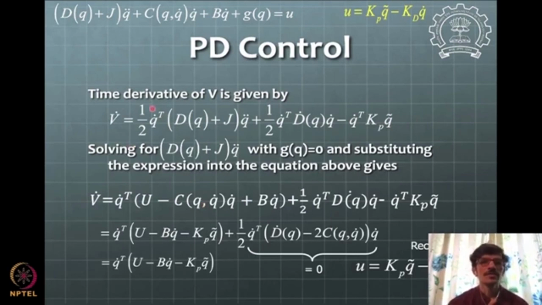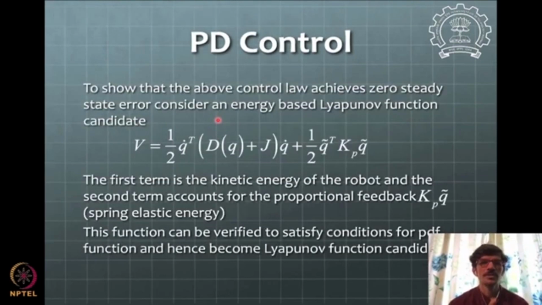Now if you see this time derivative of V, we can use this q tilde wherever we need. Finally, it is right now kept in q dot terms only. Can you write the expression for the time derivative of V? Just try it out. Pause here, try it out, and then proceed.